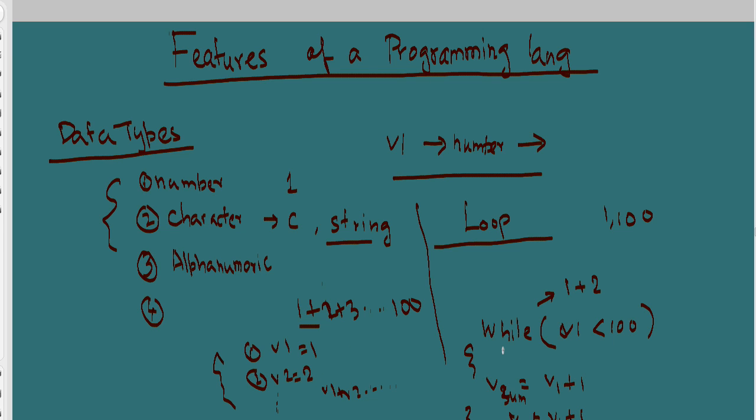But where we're doing the looping, we were able to solve the problem in 4 lines. In the other case, you would probably have to define 100 variables, causing 100 lines. So loop is a very important feature which is used a lot. So that's about loops.